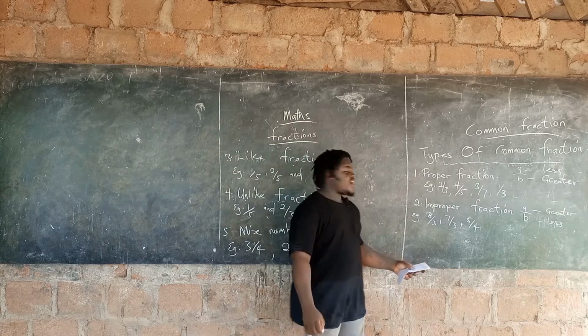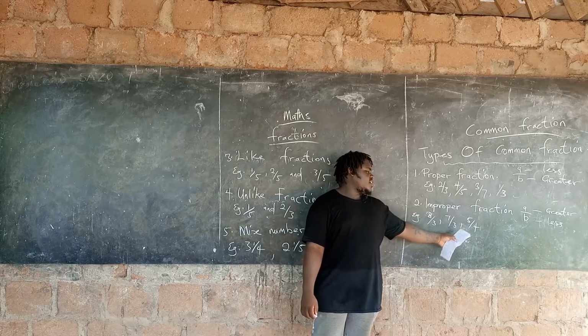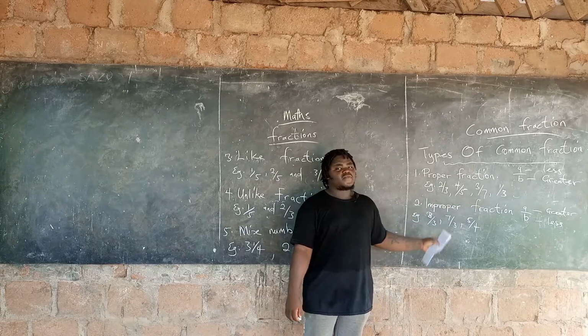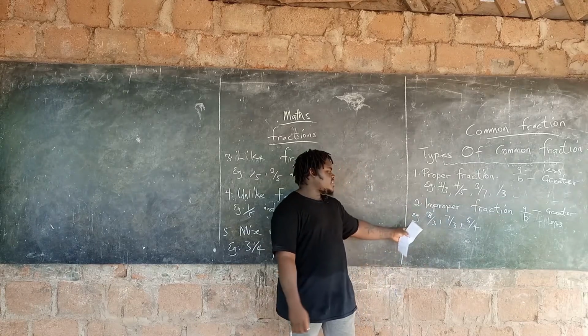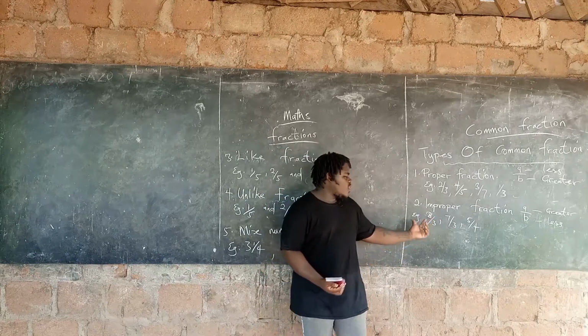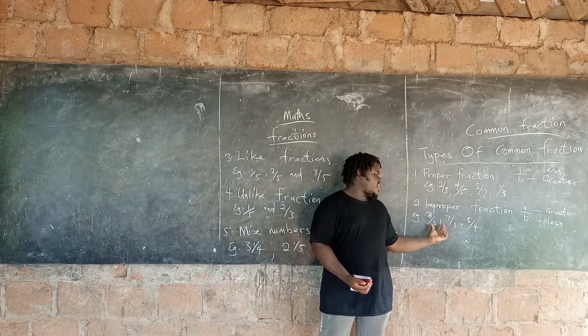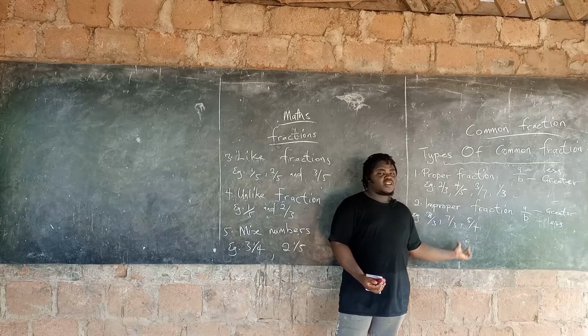For example, we are having 8 over 3, 7 over 3, and 5 over 4. These are improper fractions. When you take a look at them, you will see that all the numerators are bigger or greater than the denominators.